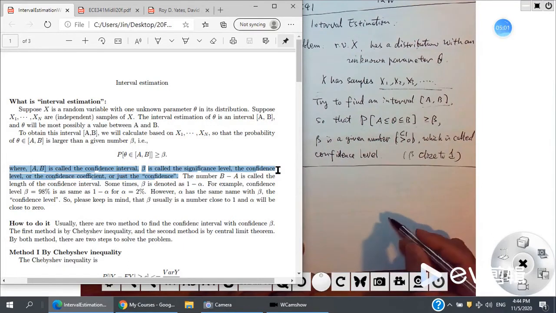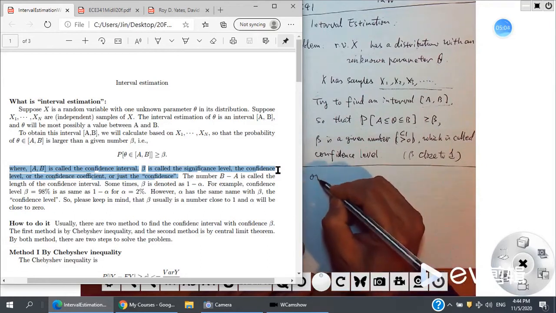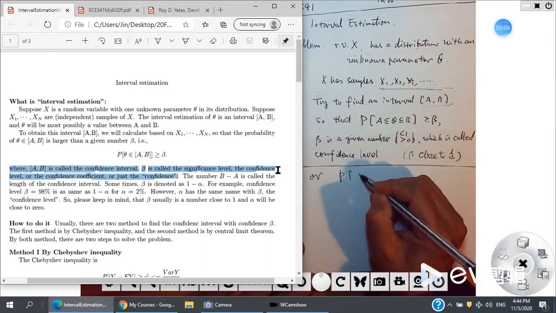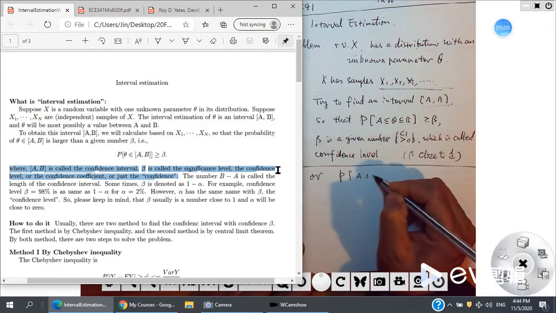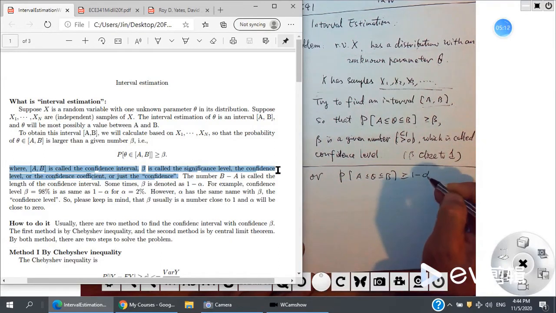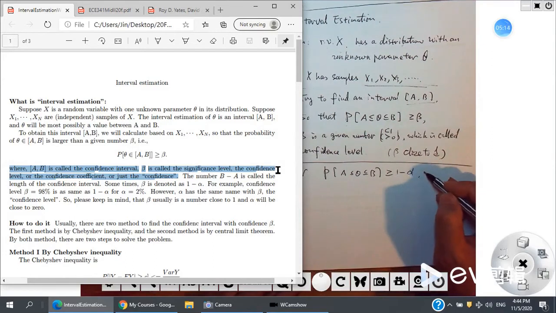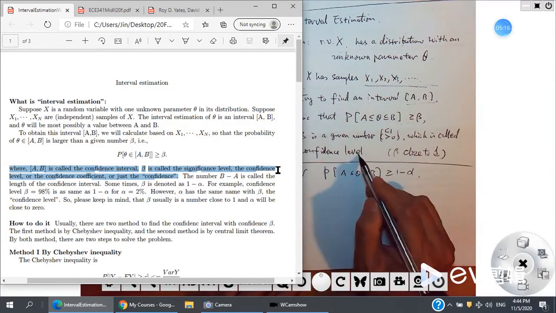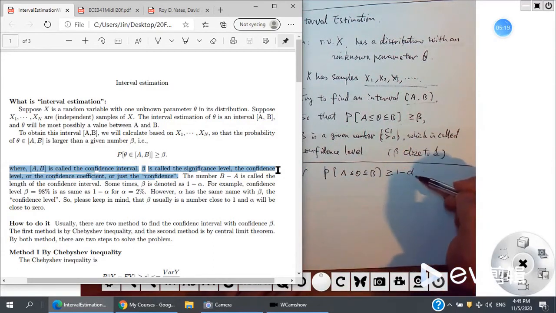And you can also write it this way: A smaller than theta smaller than B larger than 1 minus alpha. And alpha is also called the confidence level. The same name, but beta is a large number, alpha is a small number.